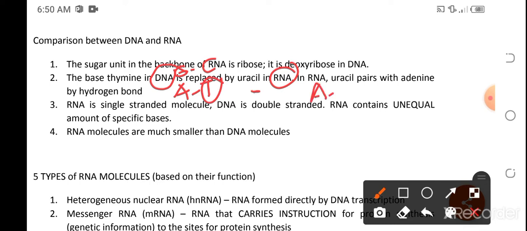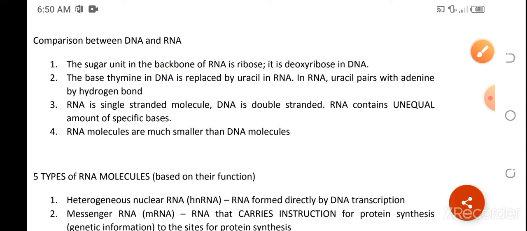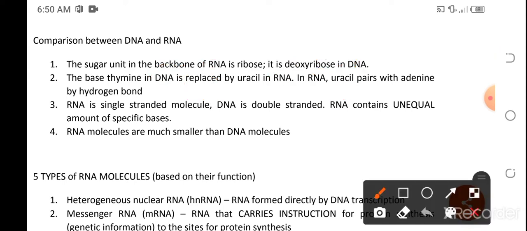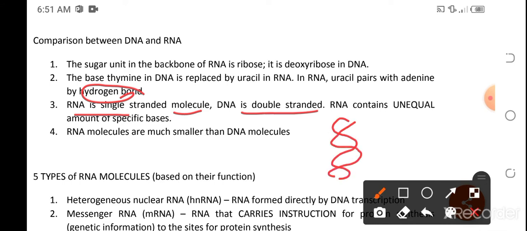So, adenine is base paired with uracil and guanine is still paired with cytosine. Okay, so this base pairing is due to the hydrogen bond attraction between these bases. Okay. Then, RNA is a single-strand molecule, so isang strand lang siya, while DNA is a double-stranded nucleic acid.